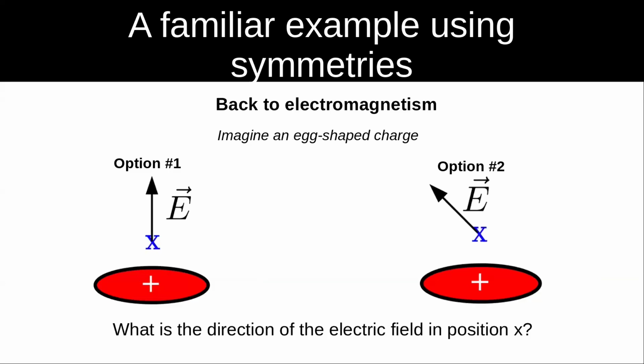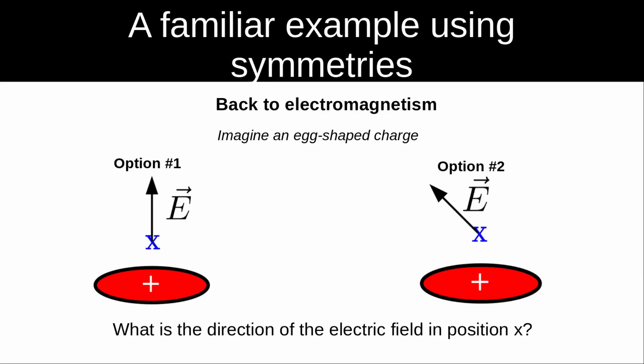We can look at a problem that may look a bit more difficult. So if you replace your infinite plane just by some elliptical shape that has a uniform charge, in this case, I could ask you the same question. Well, what is the electric field in the x position? So is it option 1 or is it option 2? Here you can use the same trick. You can apply mirror symmetry.